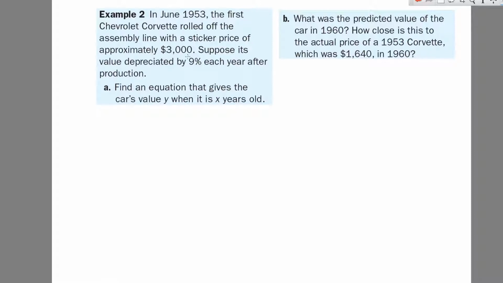And suppose it depreciates by 9% each year after that. Find an equation that gives the car's value Y when it is X years old. So Y, which is going to be its value, is equal to its initial value, 3,000, times its change in value.